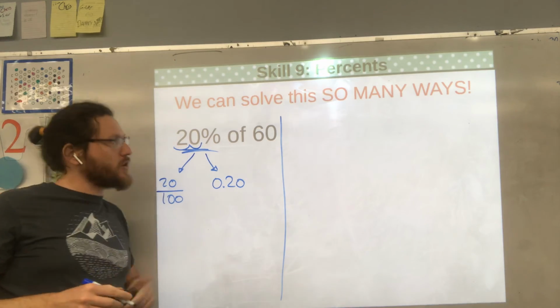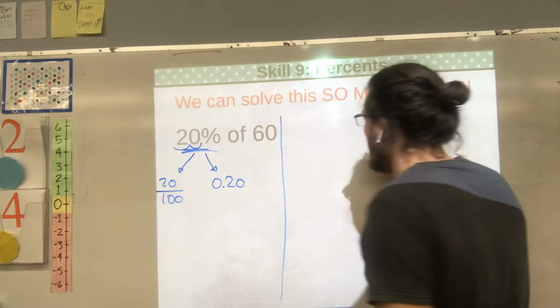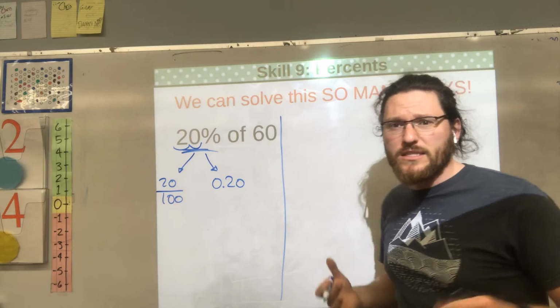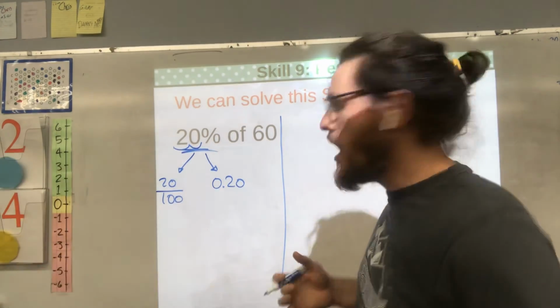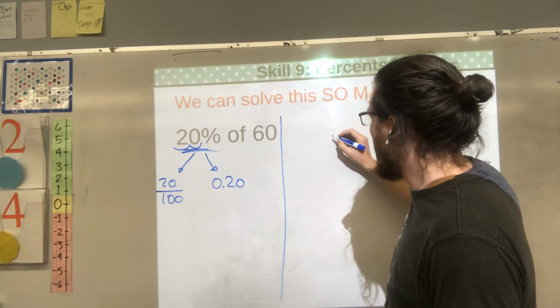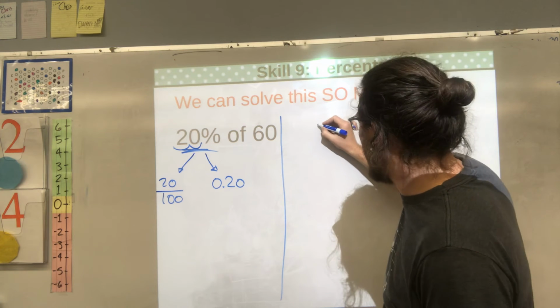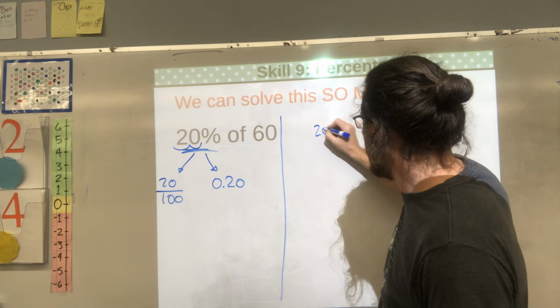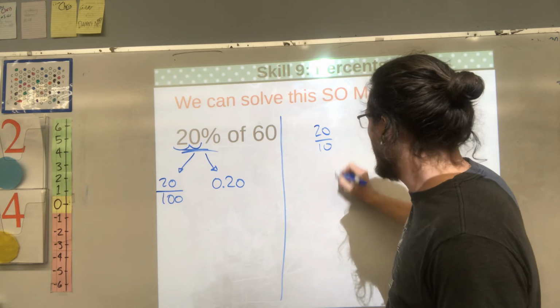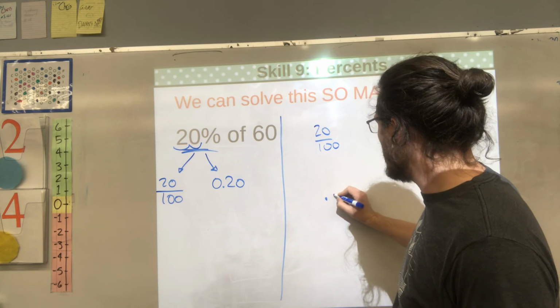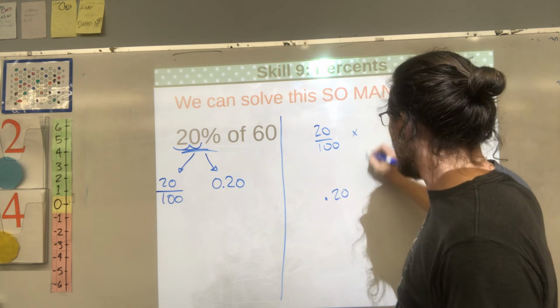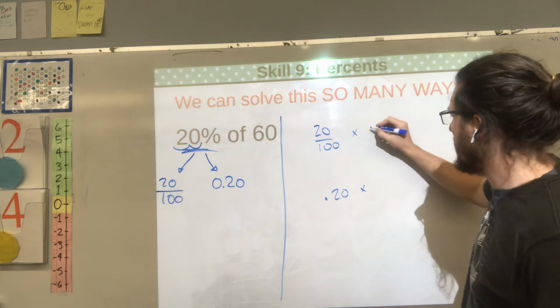Okay, and so if we want to find the 20% of 60, we can do it a couple different ways, and we're going to get the same answer both ways. We are going to basically just multiply our 20% either as 20 over 100 or as 0.20, and we're going to multiply that times the number that we care about here, which is 60.